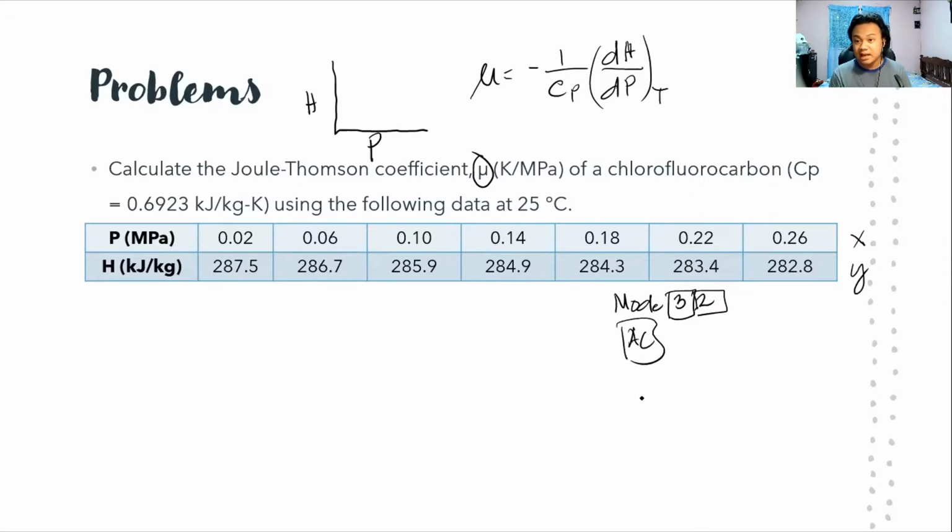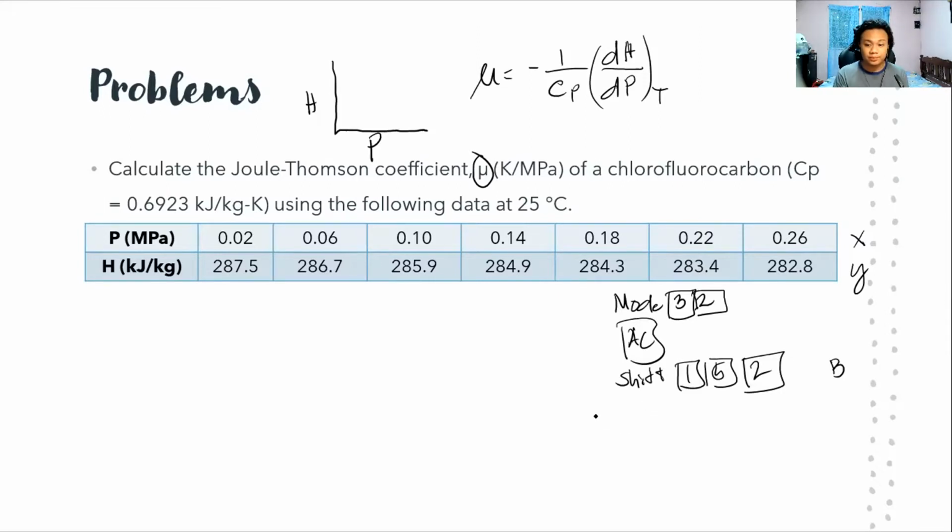Press AC, and then you will find it, right, 0, and then after that shift 1 5 and then 2. You will find the value b, right? B is actually the slope in our values in the graph, right?